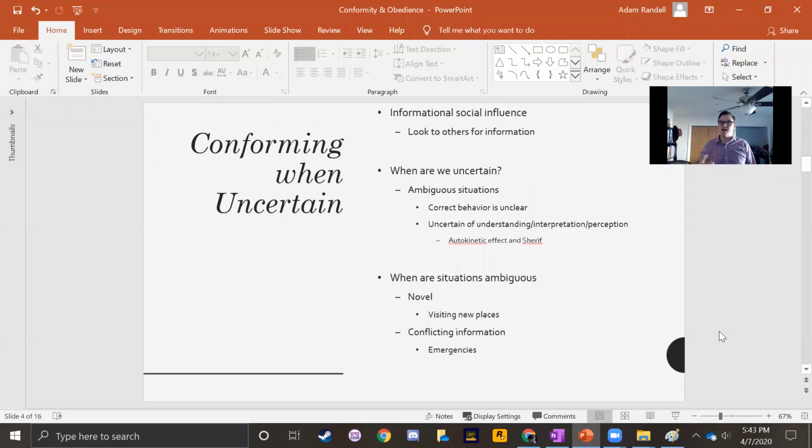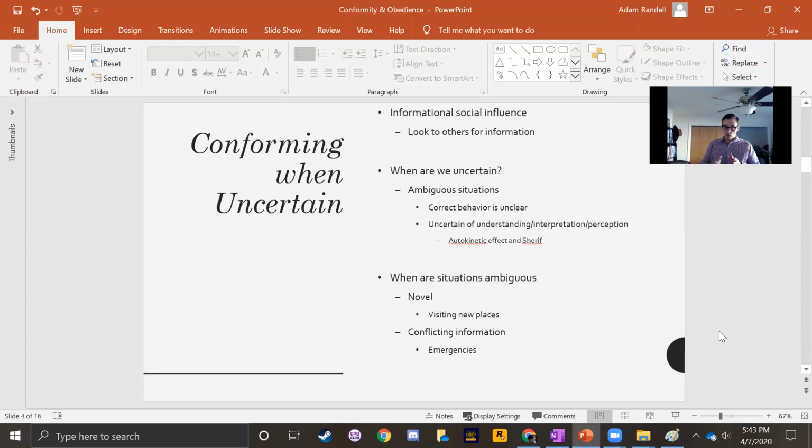We desire to feel certain, or at least to avoid uncertainty. And so when we are faced with uncertain or ambiguous situations, that motive to avoid uncertainty can lead us to conform to the behaviors others are engaging in.